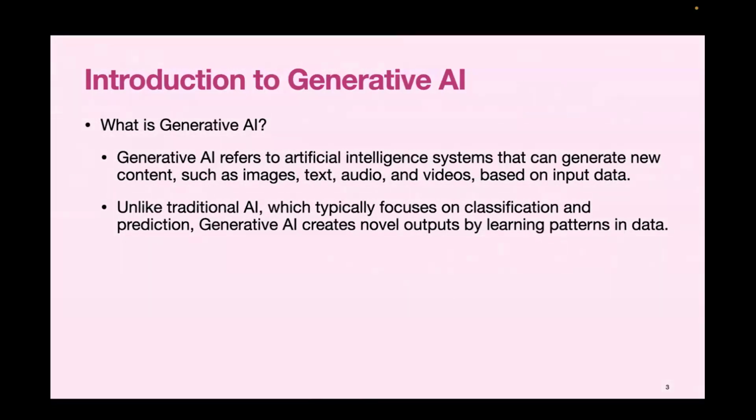Traditional AI means algorithms like decision tree, random forest, SVM, linear regression. These algorithms are used for classification and prediction. They are not used for generating any new content.